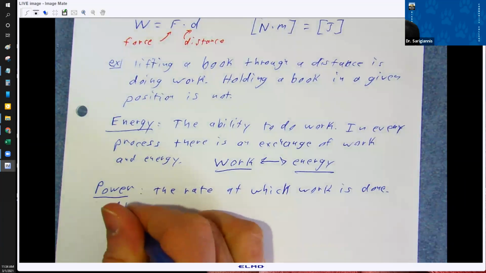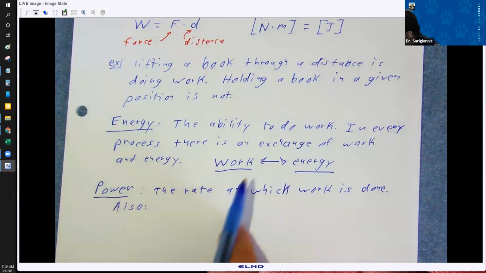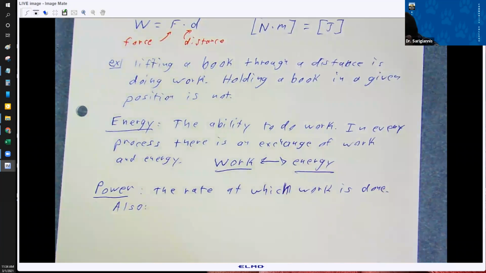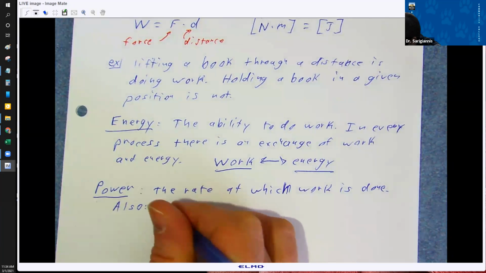Also, because work and energy can be interchanged, it's the rate at which work is done, but it's also the rate at which energy is converted.